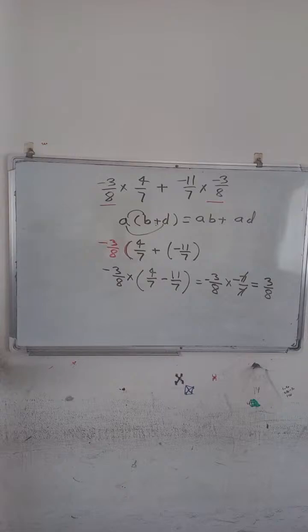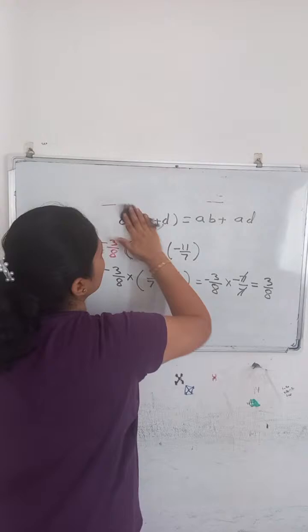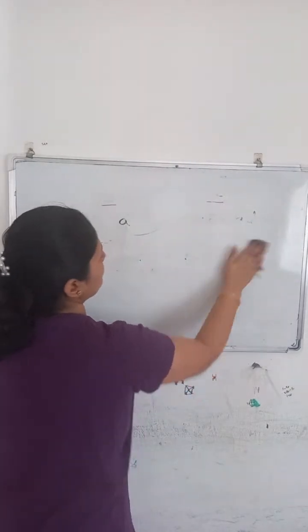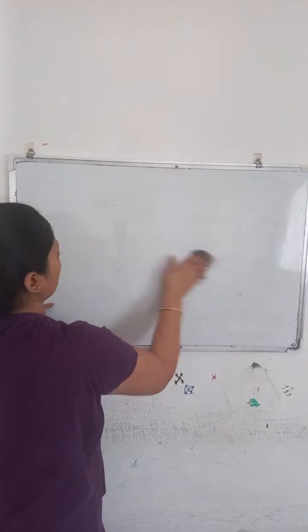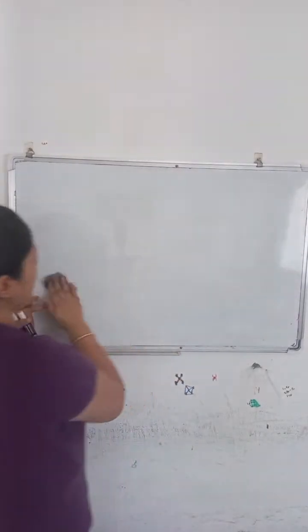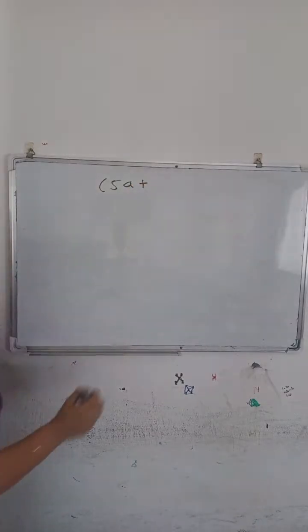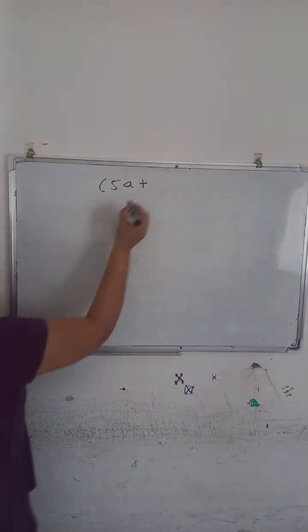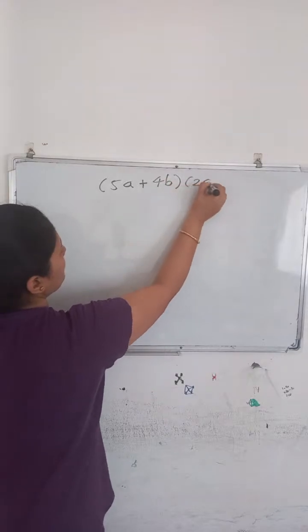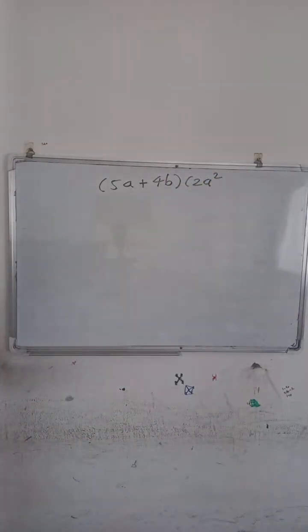Okay, then write down the next question. Find the product of 5A plus 4B and 2A square plus 5B.